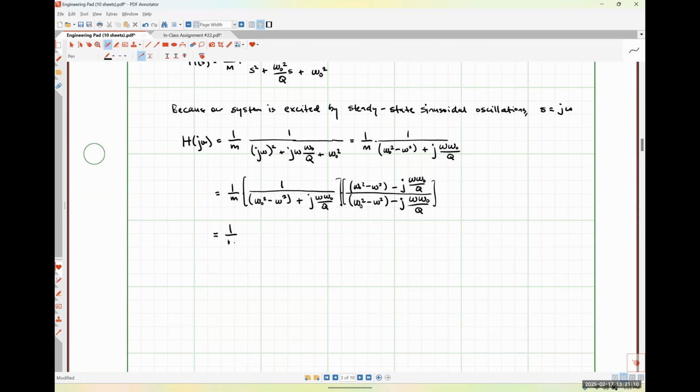So that's going to look like 1 over m multiplied by omega naught squared minus omega squared, over omega naught squared minus omega squared, squared plus omega naught over Q squared, minus j times omega naught over Q over that same denominator, omega naught squared minus omega squared, squared plus omega naught over Q quantity squared, like so.